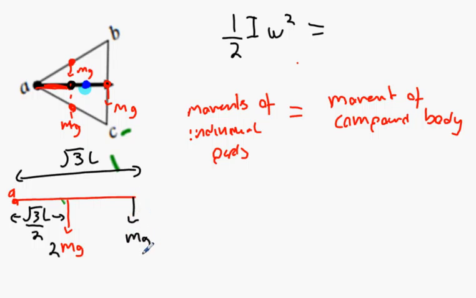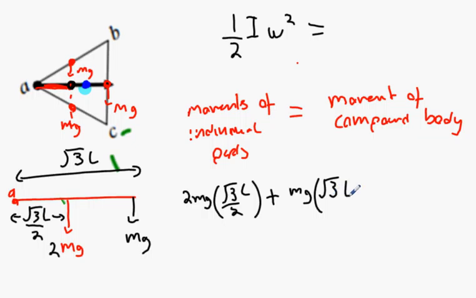So the individual turning points would be 2 mg times root 3 L over 2 plus, what is that again? mg times root 3 L. And this is where we were yesterday, but we didn't know we were right at the time.